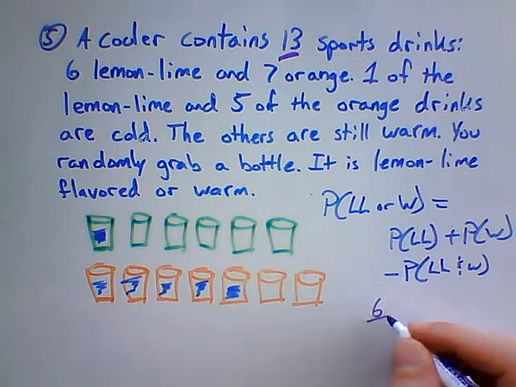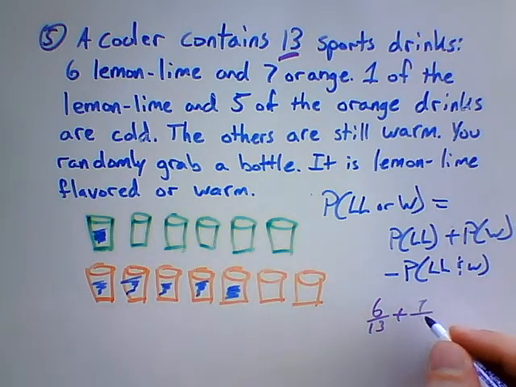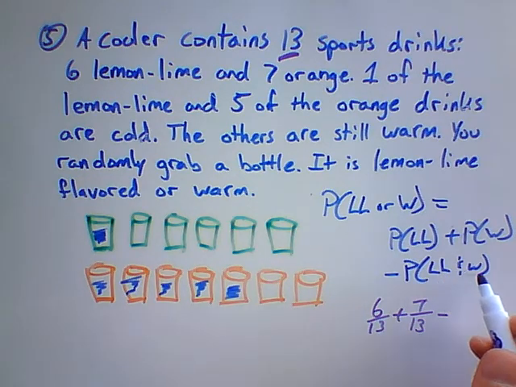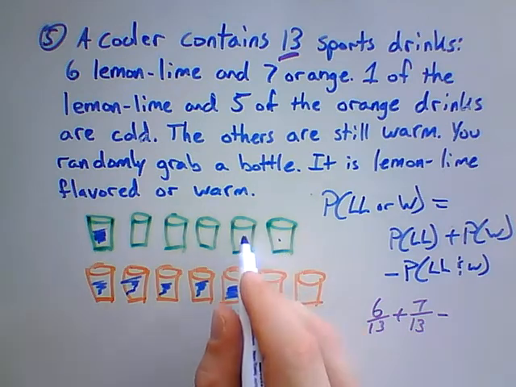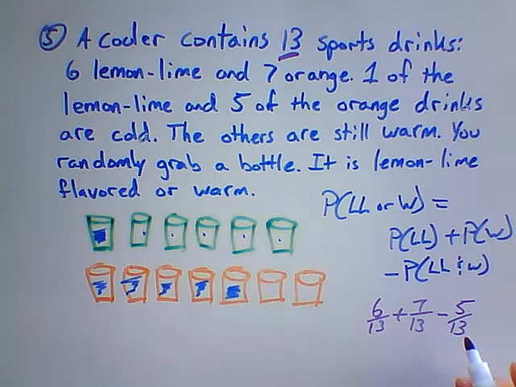So we have 6 over 13 plus warm 1, 2, 3, 4, 5, 6, 7 out of the 13 minus the warm lemon limes 1, 2, 3, 4, 5. 13 minus 5 is 8. There you go. There's that one.